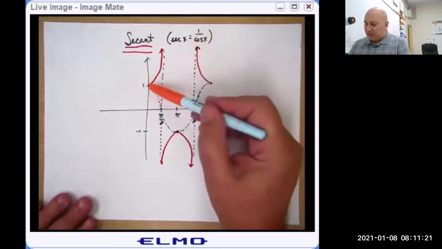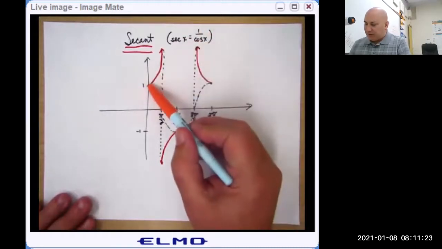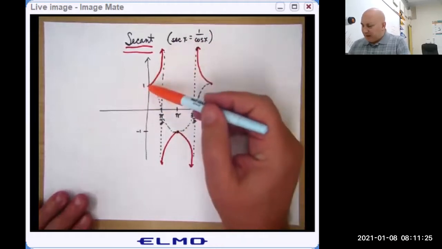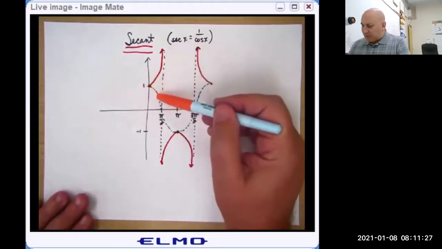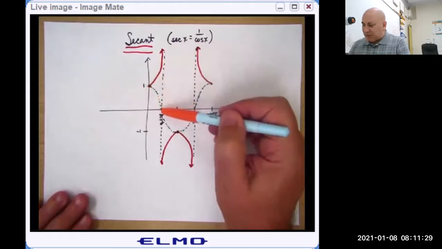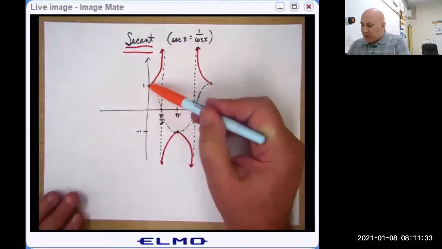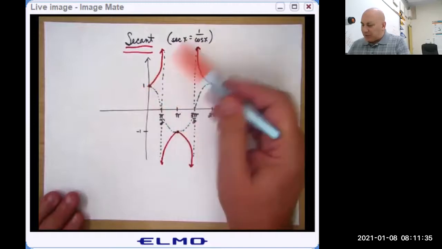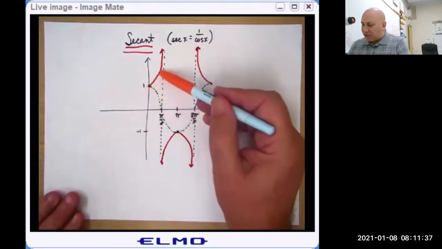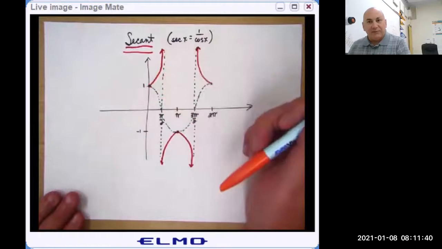Here the reciprocal of 1 is 1, so those graphs touch there. And here we're getting smaller and smaller, approaching 0. So 1 over 0 would be infinity. So the reciprocal would be getting larger, larger, approaching infinity.